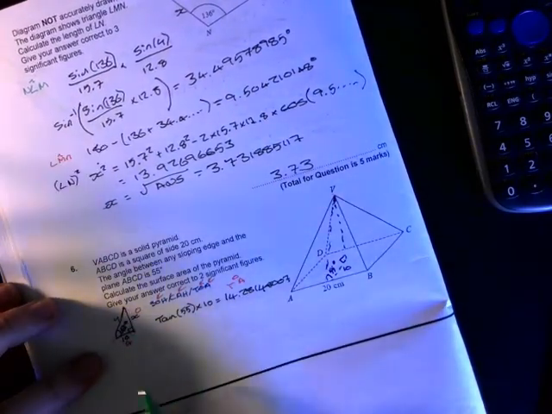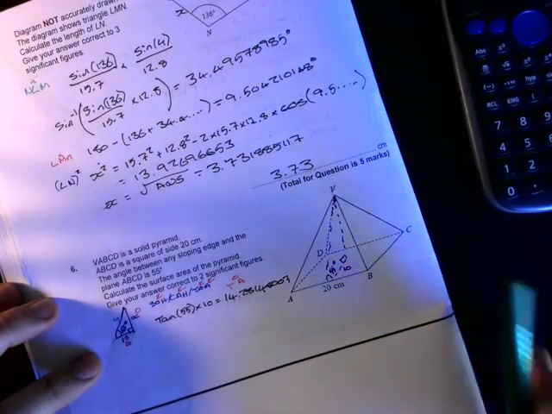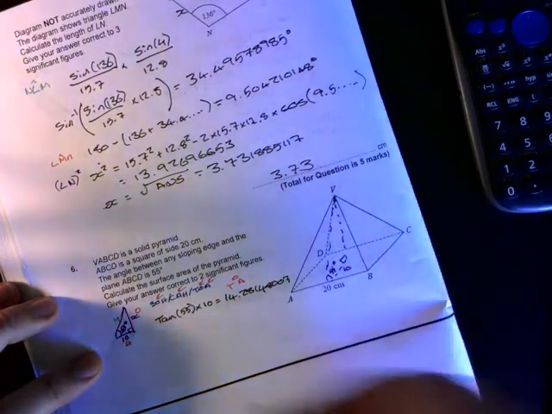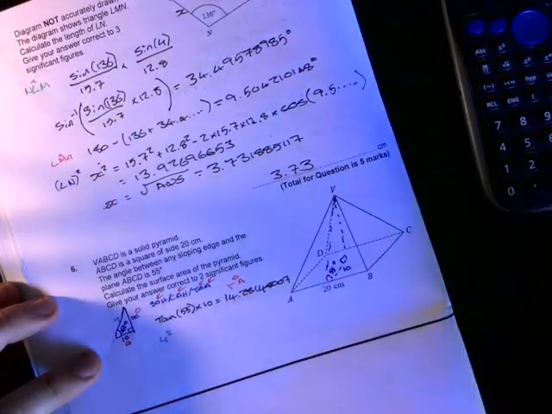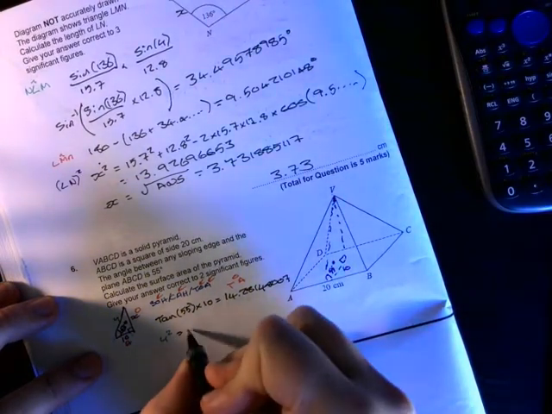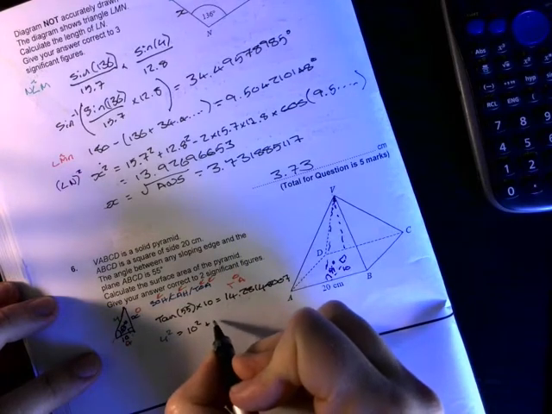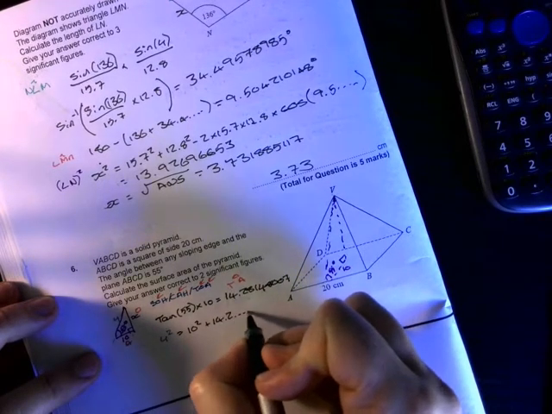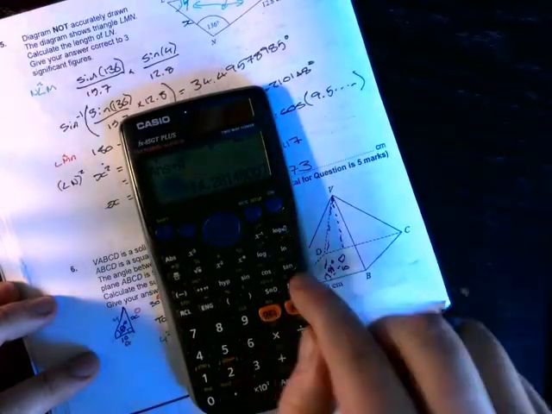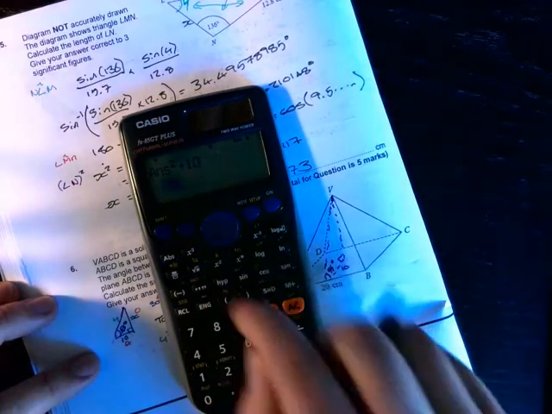Again, we've got a right angled triangle, so a squared plus b squared equals h squared. So y squared is going to equal 10 squared plus 14.2 blah blah squared.